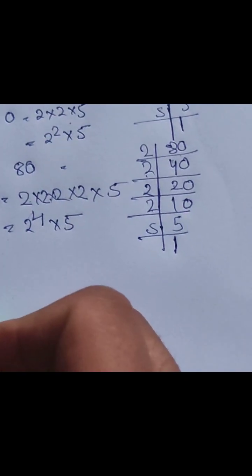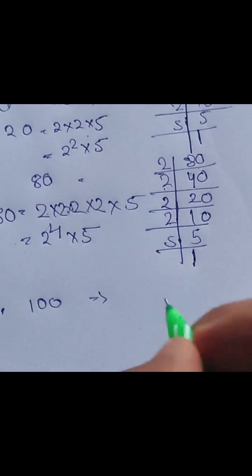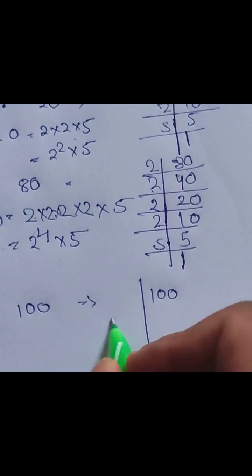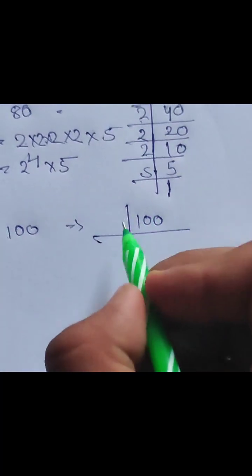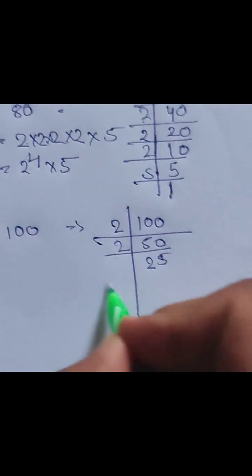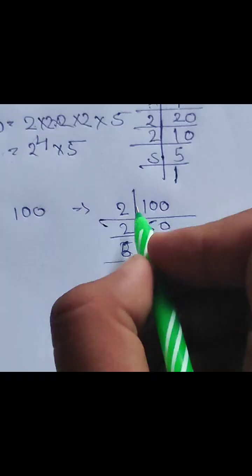Okay, 3-digit. First, let's do 100. Write 100 this way, and simply, 2 fifties are 100, 2 twos are 4, 2 ones are 2, and 2 fives are 10. Now we have 25.